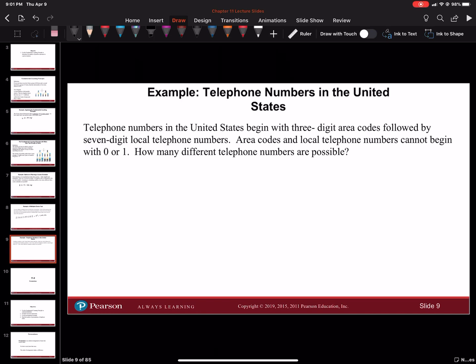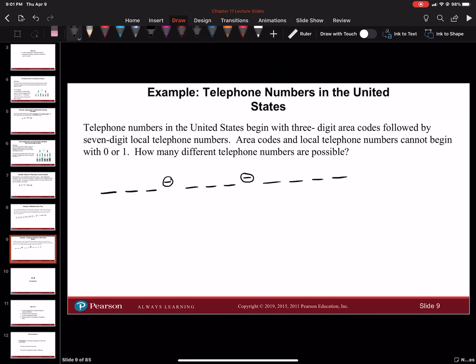So let's go ahead and write this out. Now, if you notice, these dashes separate the digits, your area code and your local number.